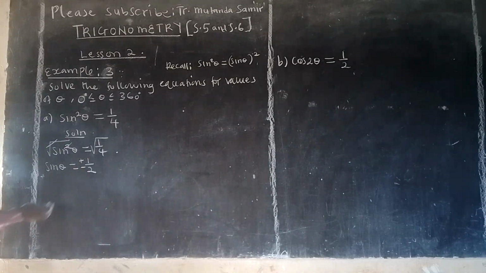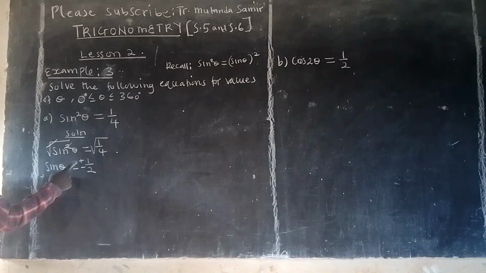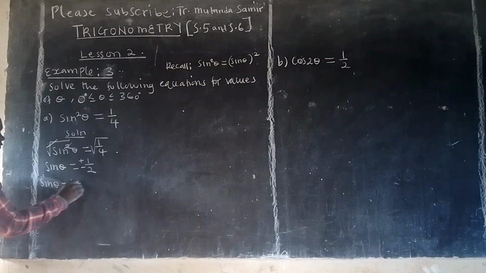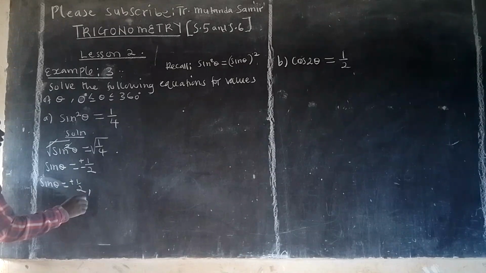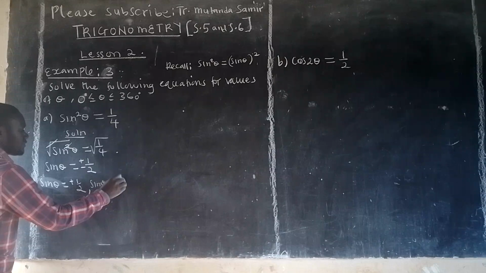So therefore, you must now get the answer in two categories. We have two answers here. Sine theta is equal to positive a half, or sine theta is equal to negative a half. For simplicity, I will say sine theta is equal to positive a half, that must be handled, comma, sine theta is also negative a half.